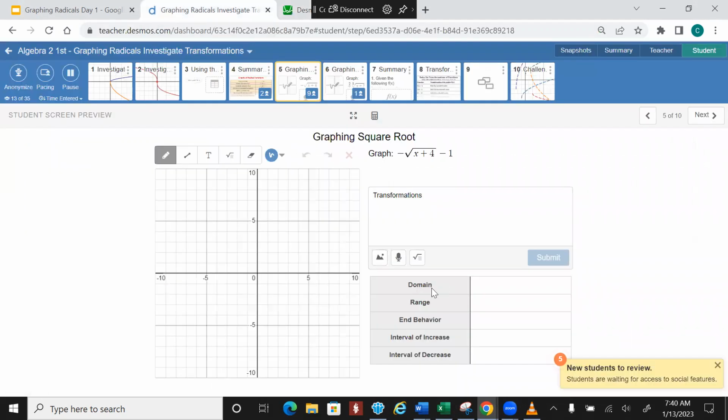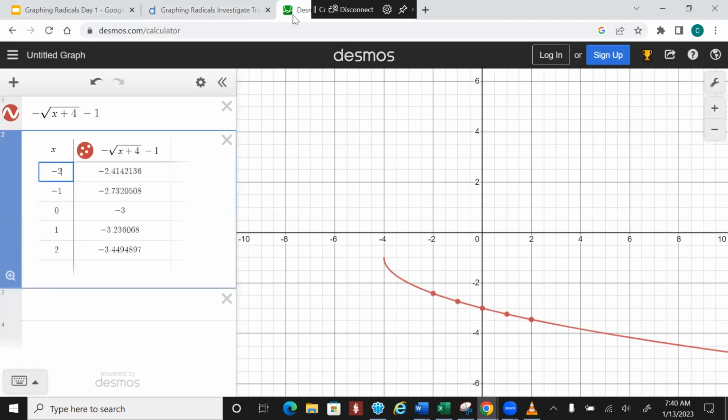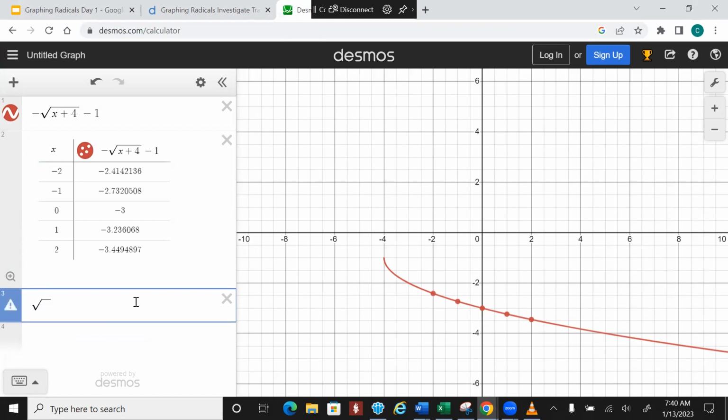Now they asked us for the domain, and they also asked us for the transformation. Okay. When they're asking for transformations, they're asking you to compare it to the OG. Okay. So what I mean by that is we're comparing this to the square root of x. So from the blue line to the red line, what happened?